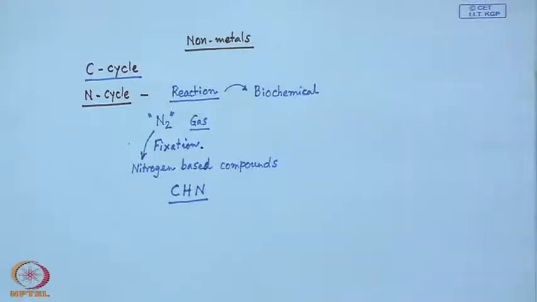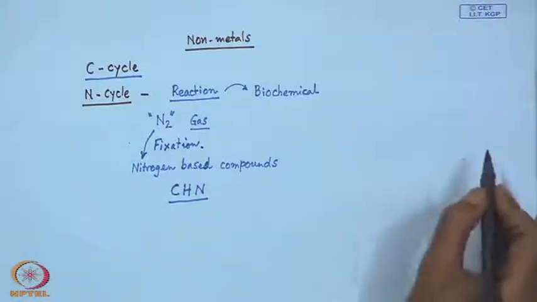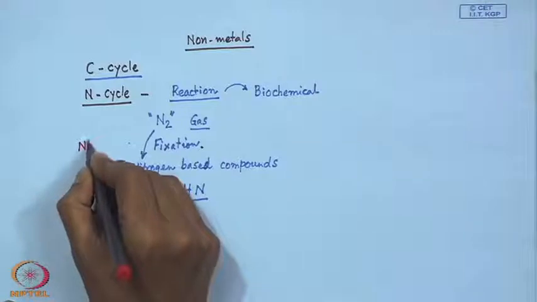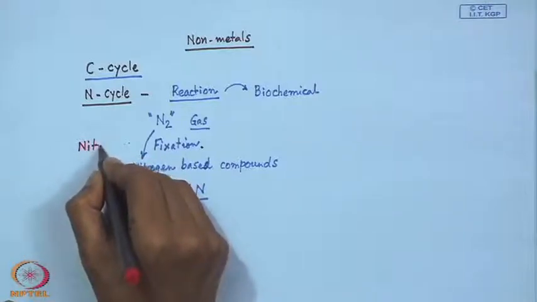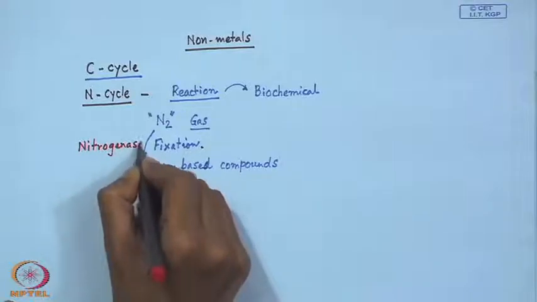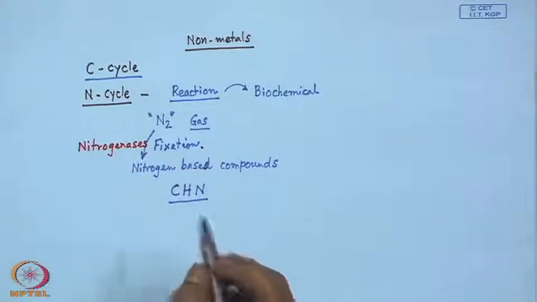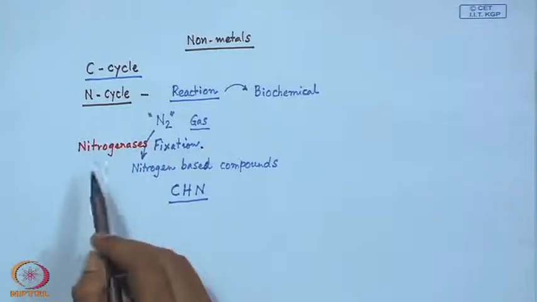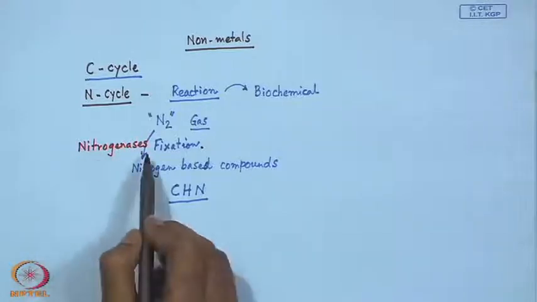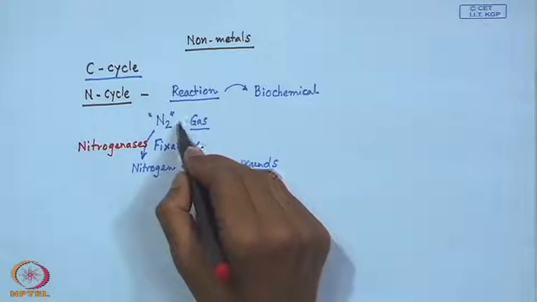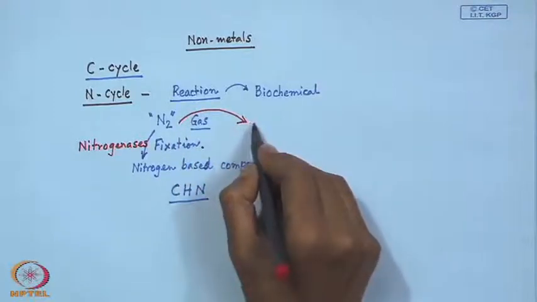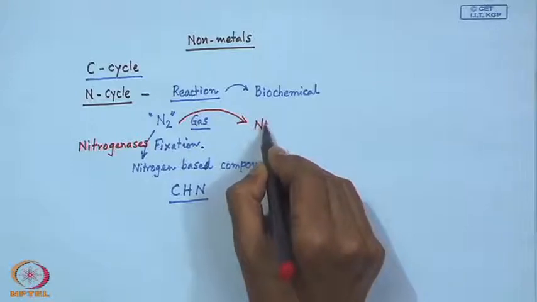Dinitrogen fixation can be done initially by the species known as nitrogenases. We will not discuss the nitrogenases in detail, but the very important reaction is how we can convert this N2 molecule to ammonia.